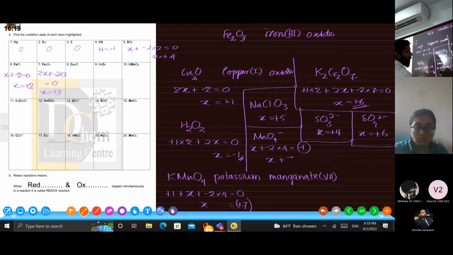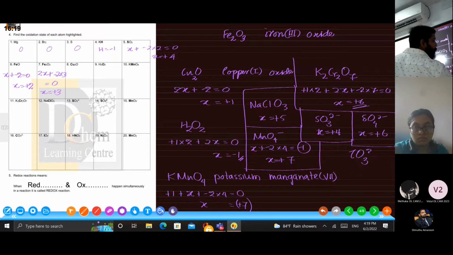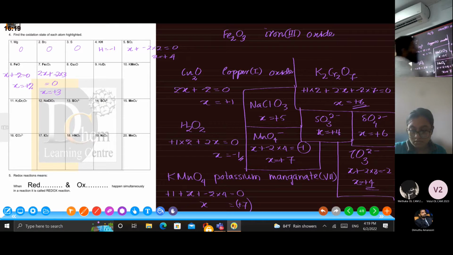Therefore, x is still +7. That's why it's called manganate 7 ion. And CO3 2-, carbon is x, -2 into 3 is equal to -2, x is equal to +4. That's your carbonate ion.